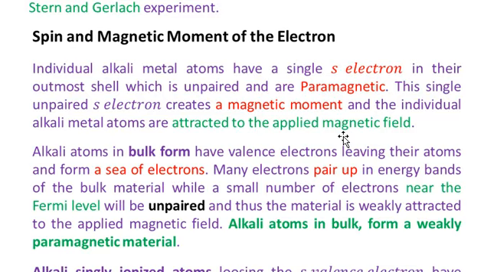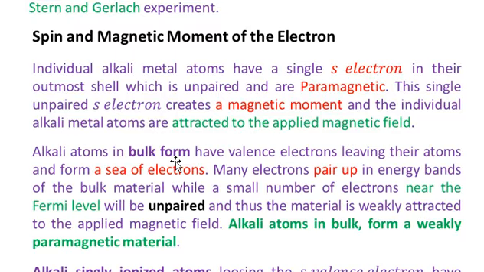If you apply an external magnetic field to these alkali metal atoms having only an s electron as the valence electron, being paramagnetic materials, they have their own magnetic moment, and in the presence of the external magnetic field, they will be attracted towards that magnetic field.